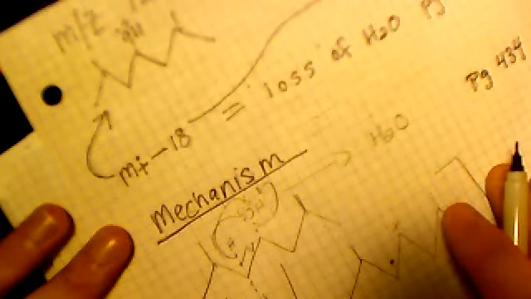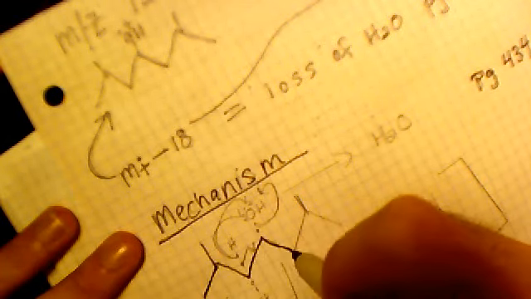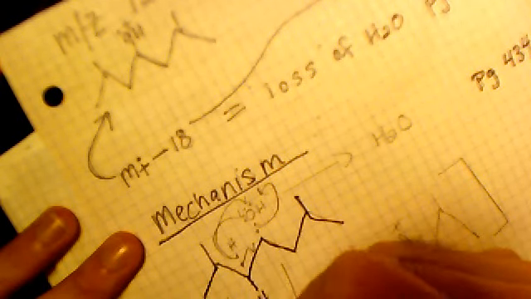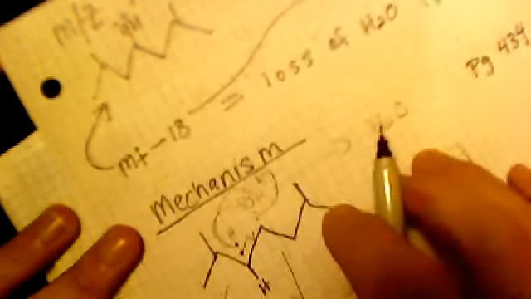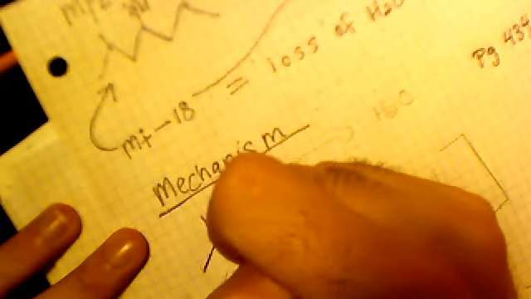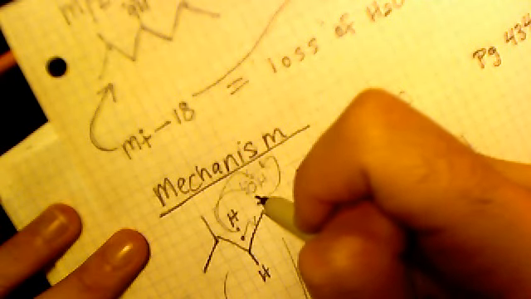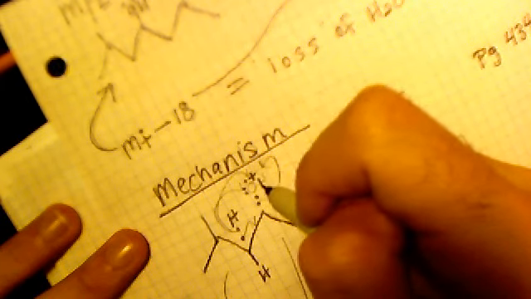So here's my molecule. This goes to an H. Then this carbon right here is attached to a hydrogen, and this carbon right here is attached to this oxygen.